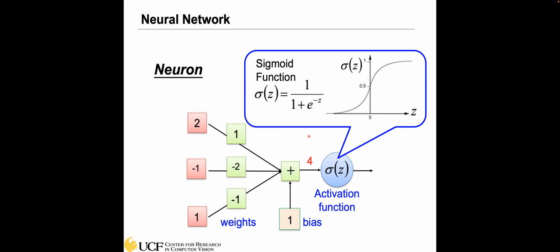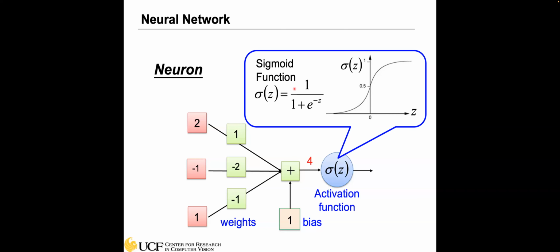I'll talk about activation in a minute. We have a couple of different choices of activation functions. But for now, a very common one used is the sigmoid function. There are other popular ones which we'll discuss later.